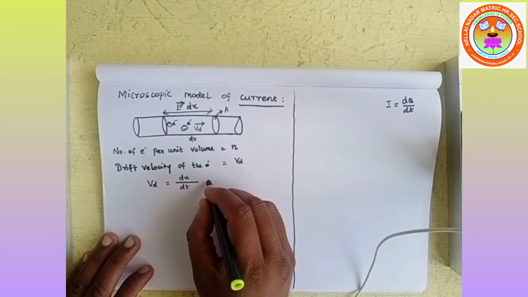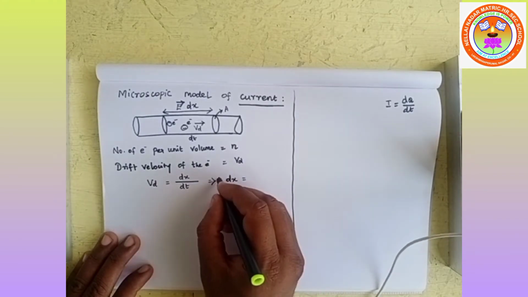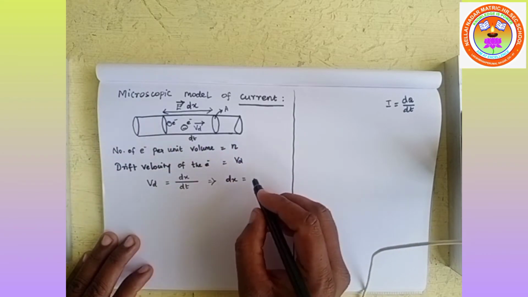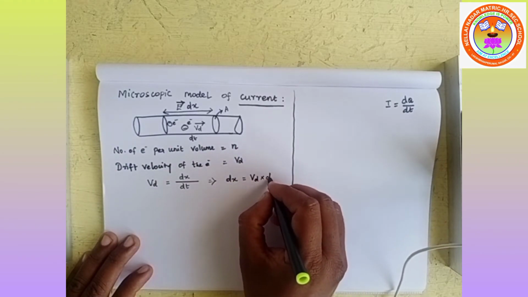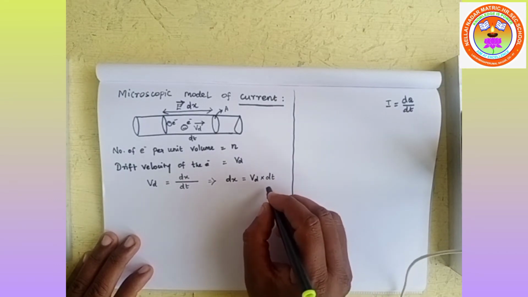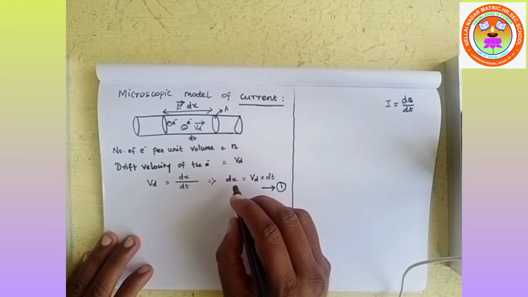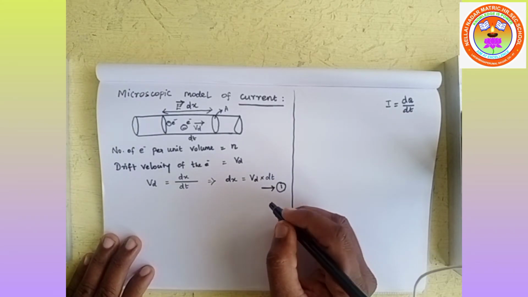From this we can calculate dx, the distance traveled by the electron: dx is equal to Vd into dt. We take this as the first equation.